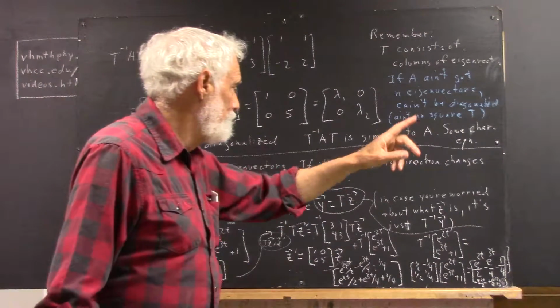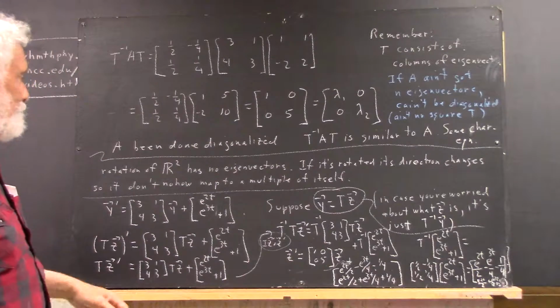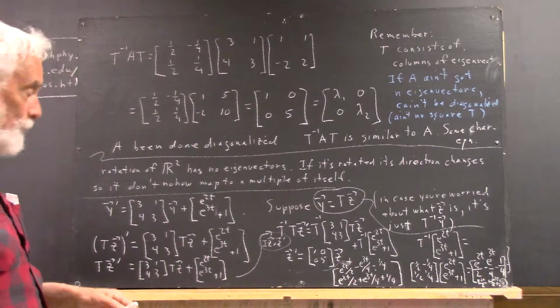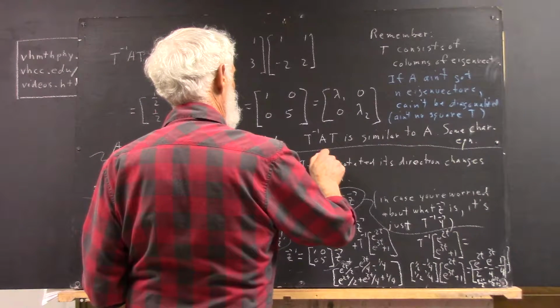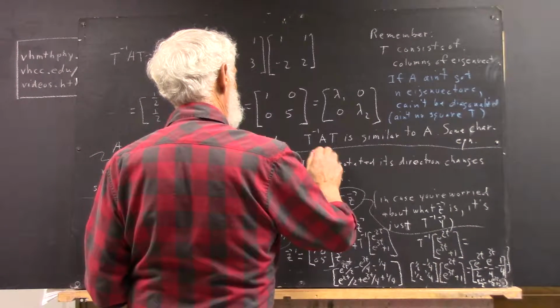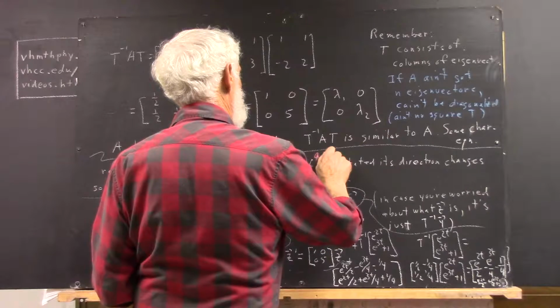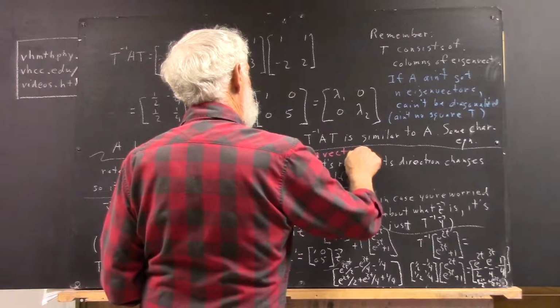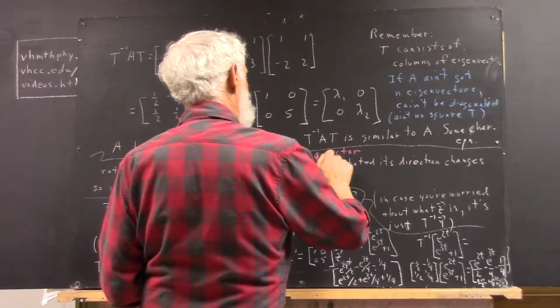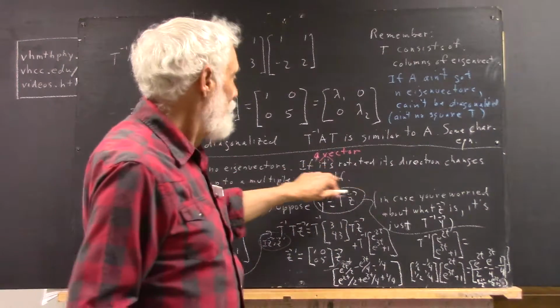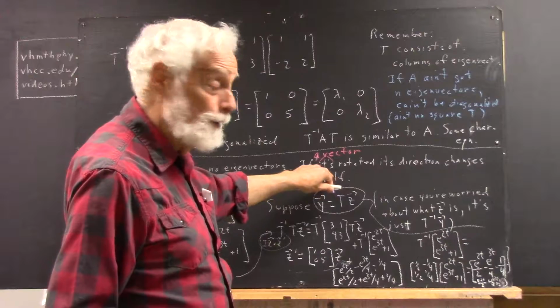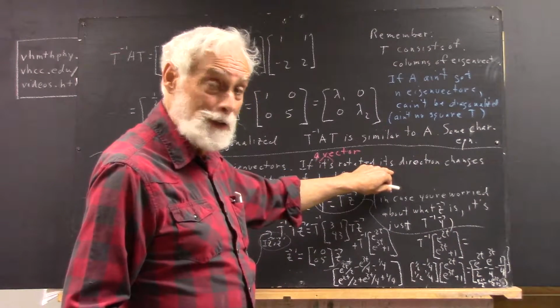If it's rotated, its direction changes, and by it, I mean if a vector is rotated. It's, with an apostrophe S, means it is; its doesn't mean it is.